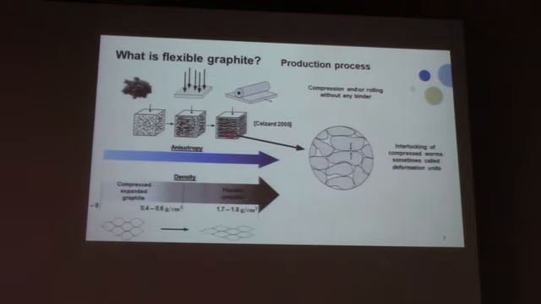So the density increases, and up to a certain threshold of density, so that's 0.4, 0.5 gram per cubic centimeter, we can call this material compressed expanded graphite or graphite compacts. And it's still isotropic in this part, and it gets more anisotropic after a certain threshold here.